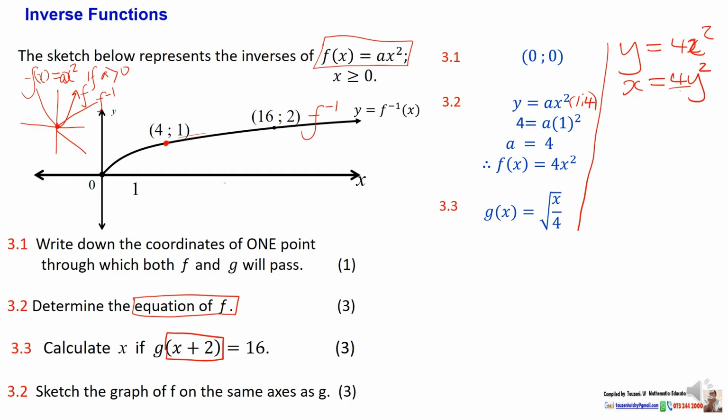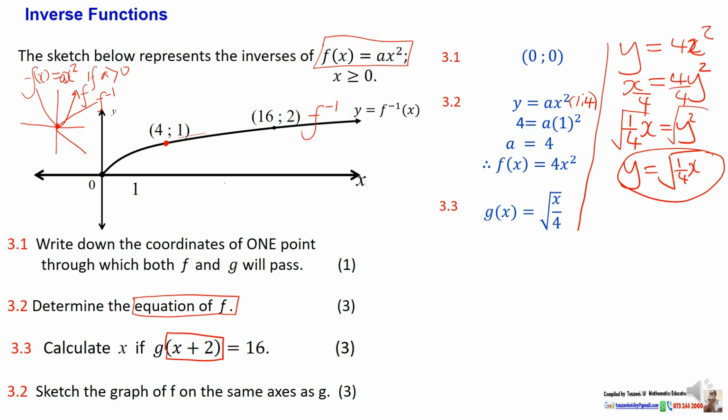Then we divide by 4 both sides, and that will give us x over 4 is equal to y squared. Then we square root both sides to give us y is equal to the square root of x over 4. This is the equation of g, the inverse of f of x.